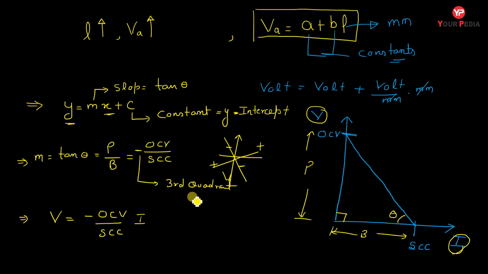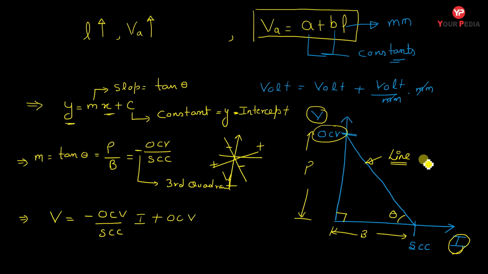What does y intercept mean? This line is intersecting the y-axis at this point, that is the open circuit voltage. So we can write it as plus OCV.